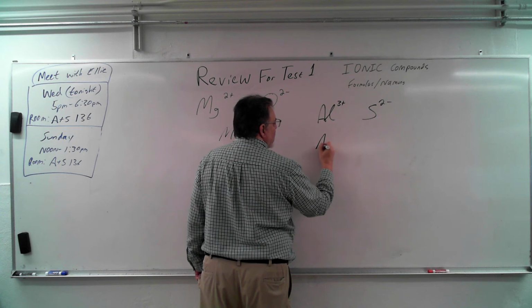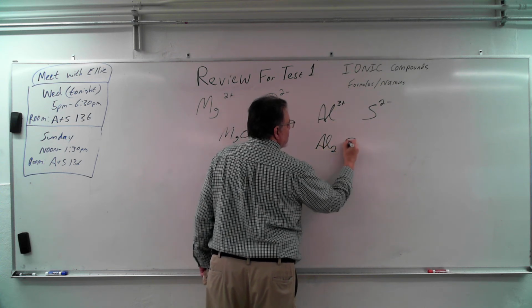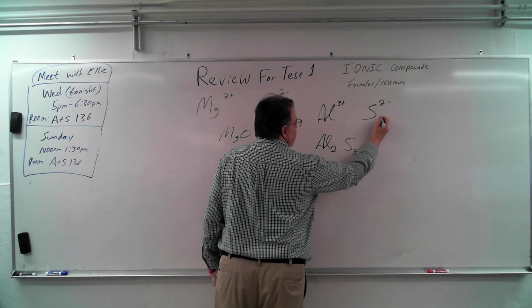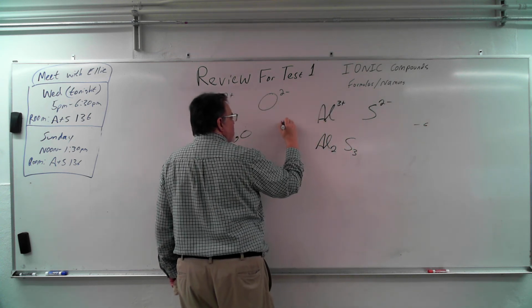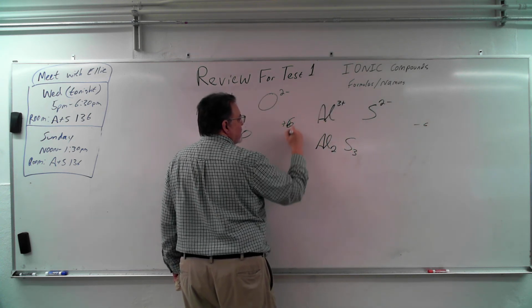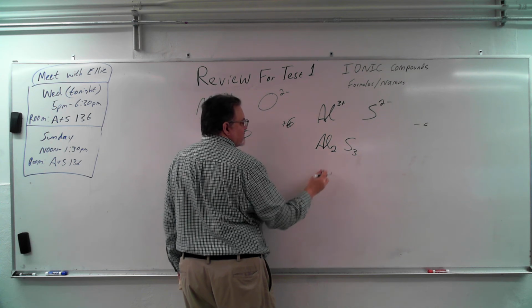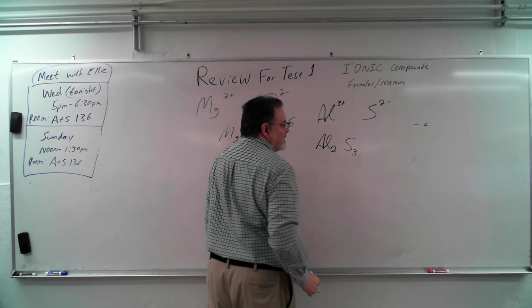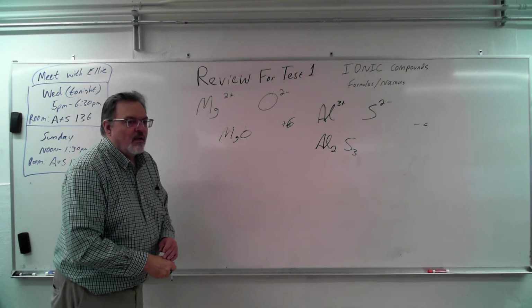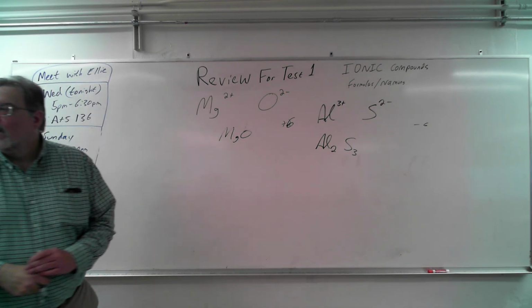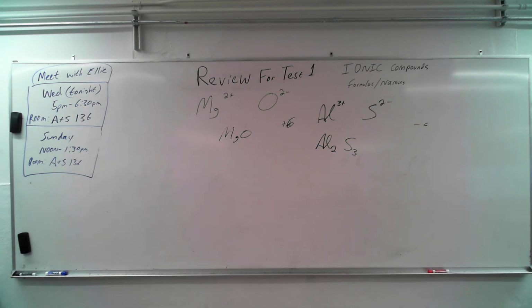It's going to be Al2S3. If you have 3 of these, then you'll have -6. If you have 2 of these, you'll have +6. And that's what you're trying to do to balance them. So you get 2 of these and 3 of these. That's the formula.